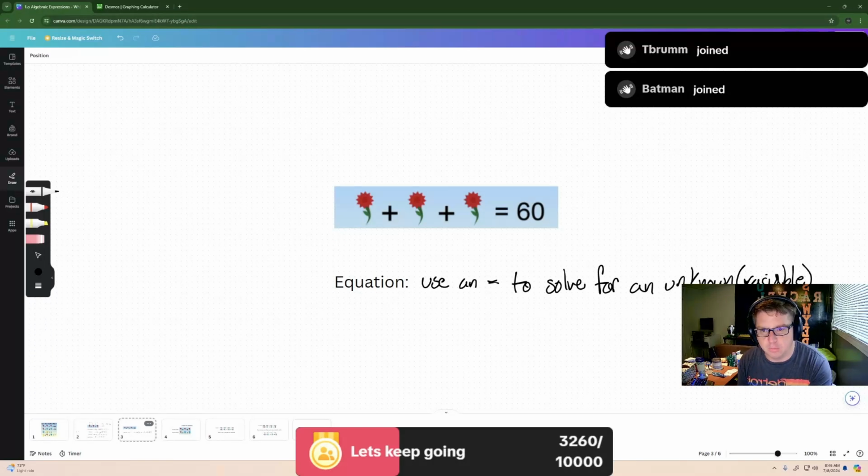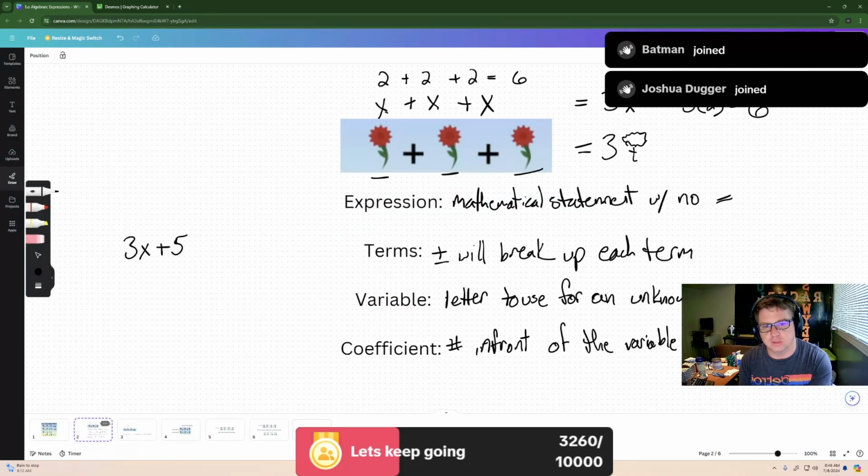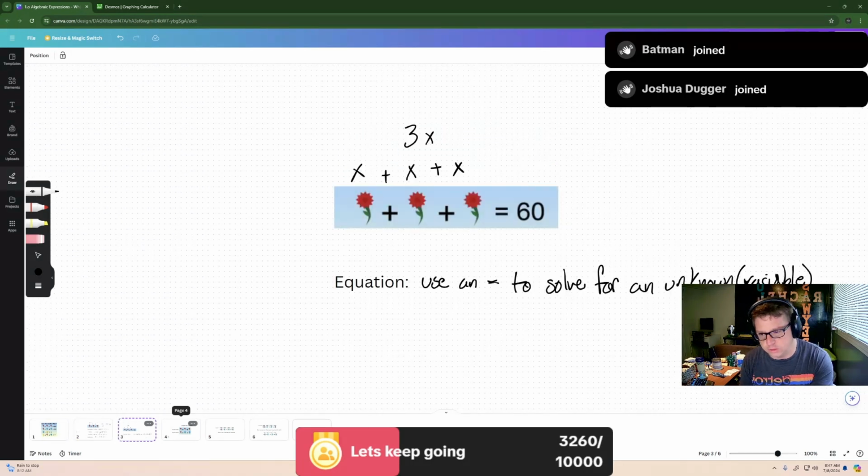Okay, so once again, we had x plus x plus x. So that gave us 3 x's. Okay, and then we could set it equal to 60 and solve it. However, we're not solving things today. I wanted to talk about the definition of an equation versus the definition of just an expression. An expression, we don't have the equal sign, where the equation we do.